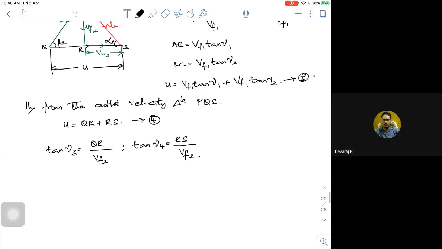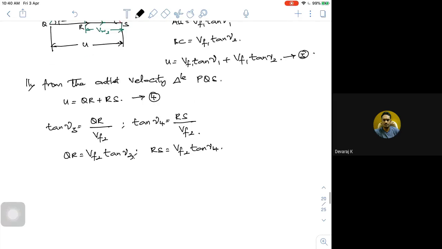Or I can write QR is equal to VF2 tan gamma 3, and RS is equal to VF2 tan gamma 4. So if I substitute, U is equal to VF2 tan gamma 3 plus VF2 tan gamma 4.